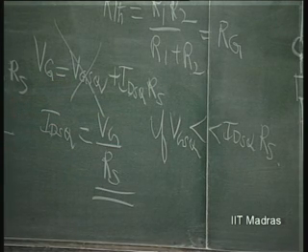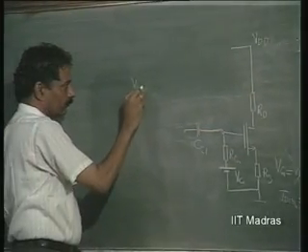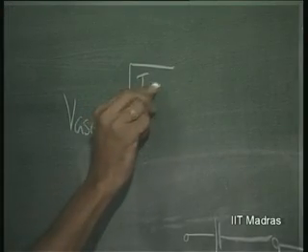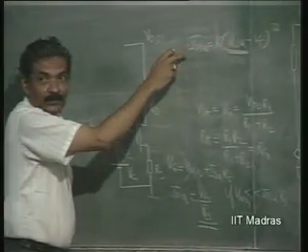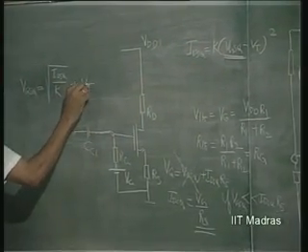VGSQ, strictly speaking, equals root of IDSQ by K, take square root, plus Vt.